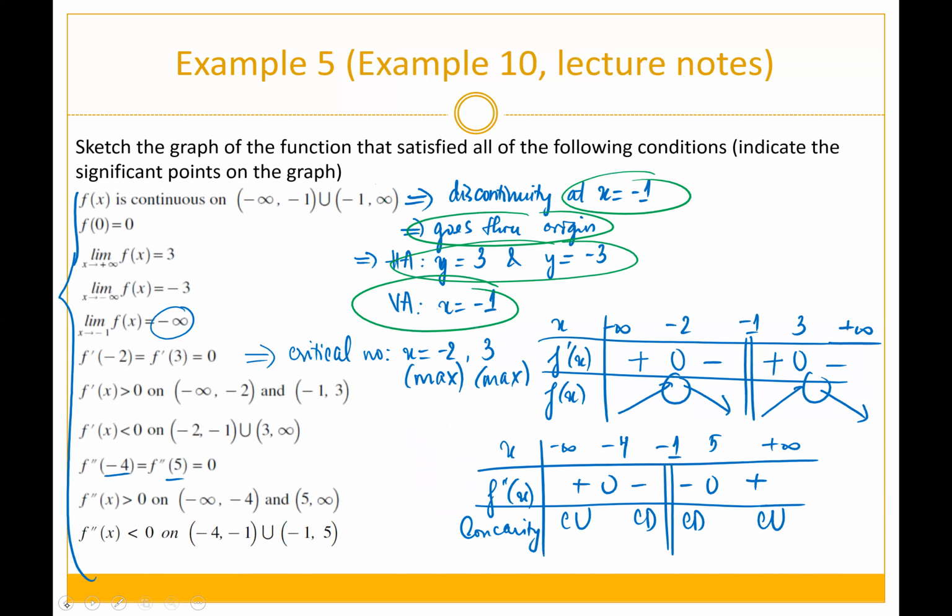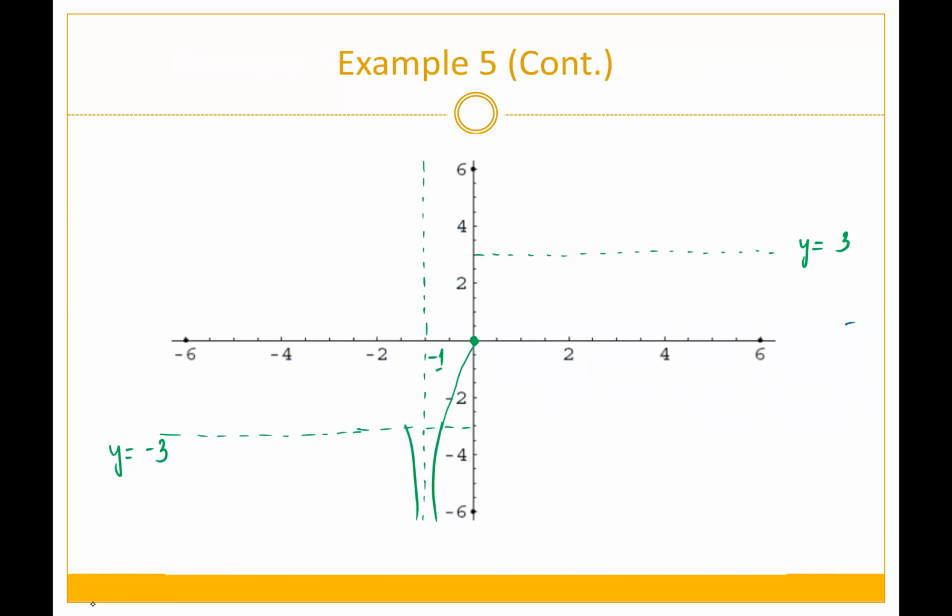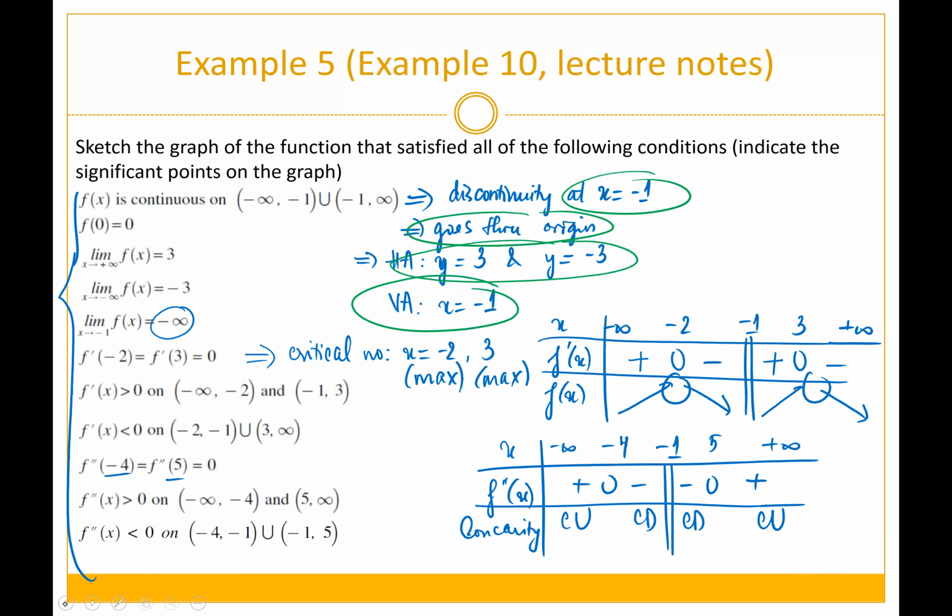Then you have two maximums at -2 and 3. So this is a maximum here, some maximum here, some maximum at -3, and this is some maximum here as well. And then you have concave upward and concave downward.